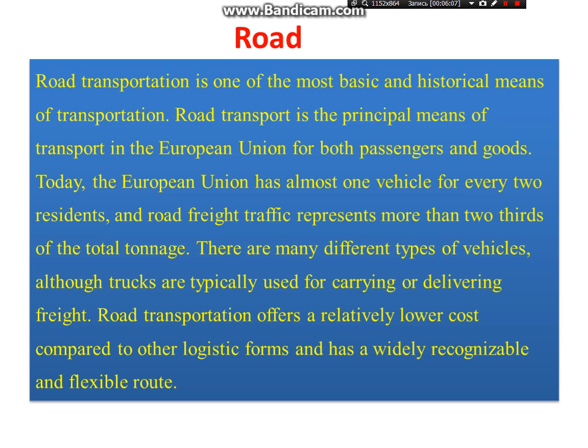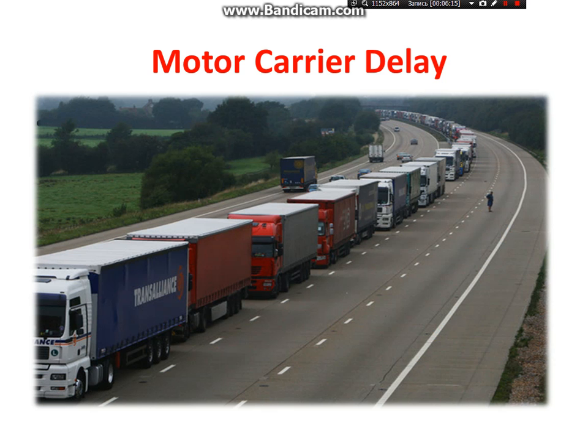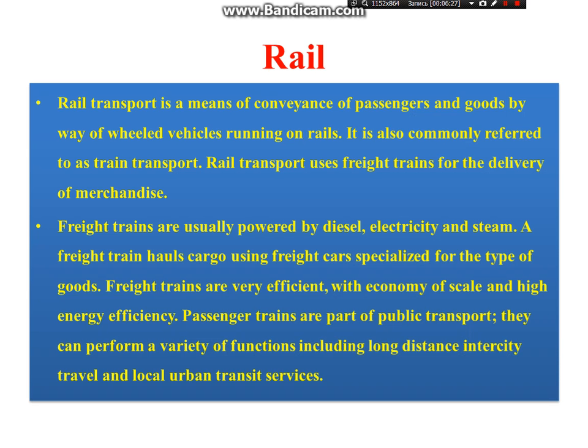There are many different types of vehicles. All the trucks are typically used for carrying or delivering freight. You can see the road transportation in this slide. Next type of transportation is rail transportation.